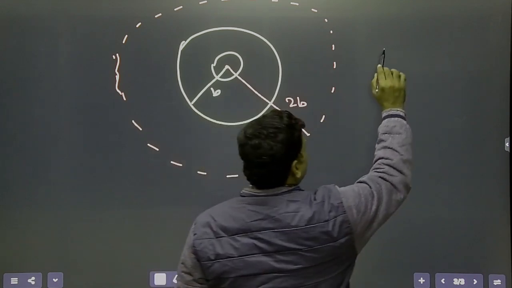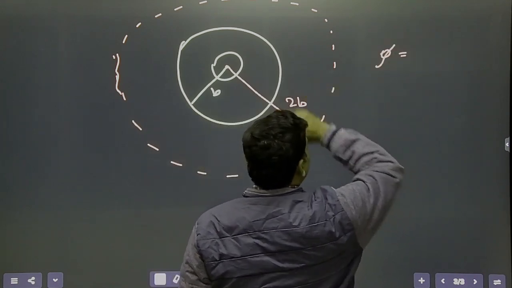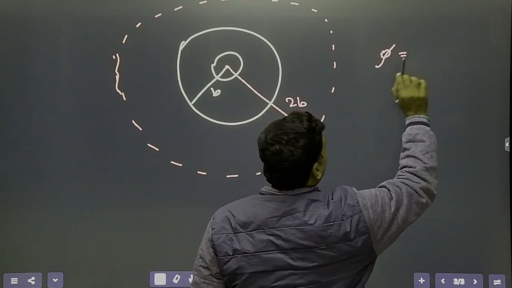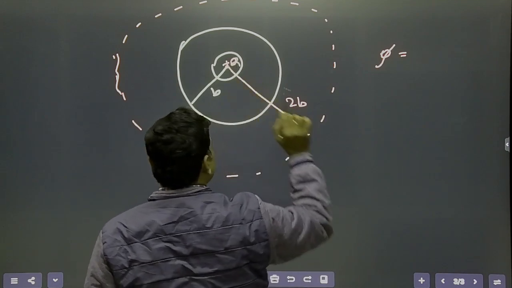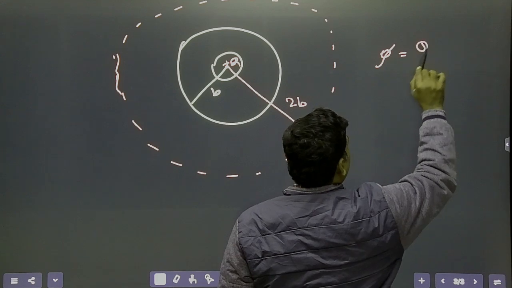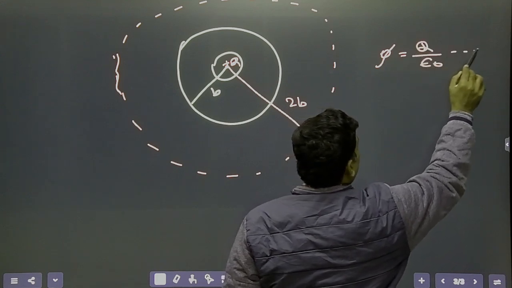The flux passing through this Gaussian surface will be equal to Q upon epsilon naught, since the charge enclosed is plus Q. This is not going to vary.